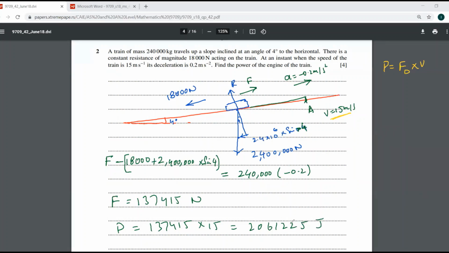This is 2.06 into 10 raised to power 6 joules. Sorry, watts. I'm putting the wrong unit here. This has to be watts.